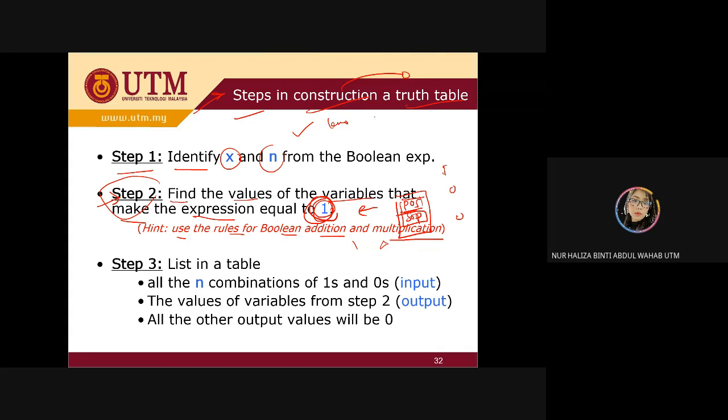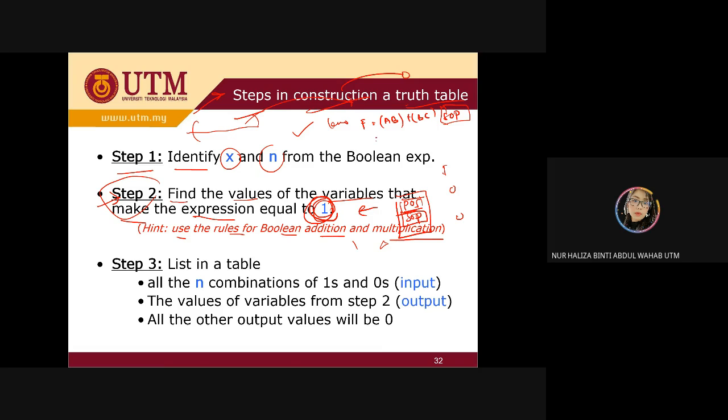For example, F equals AB plus BC. This is an SOP Boolean expression. Sometimes you are given a long Boolean expression and they want you to represent it in SOP form.